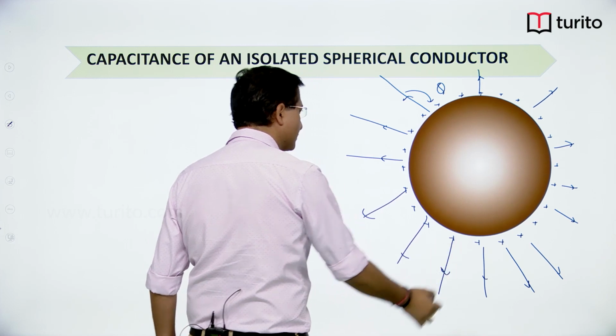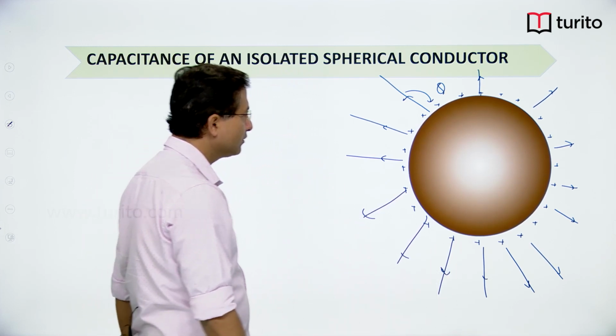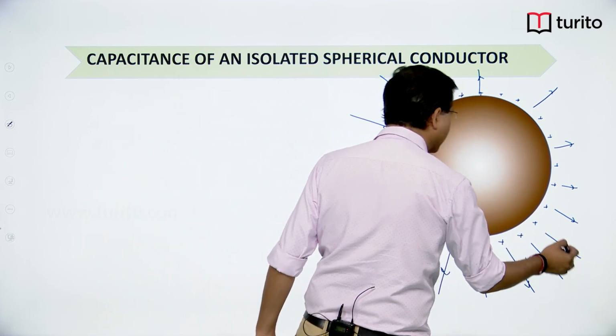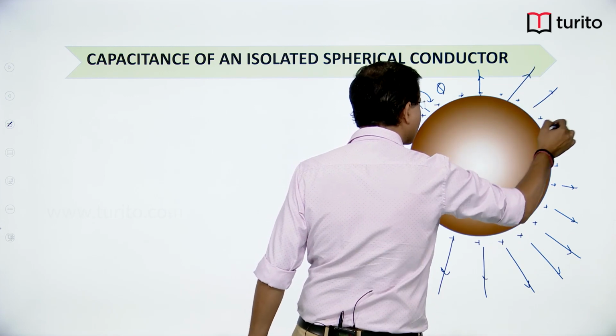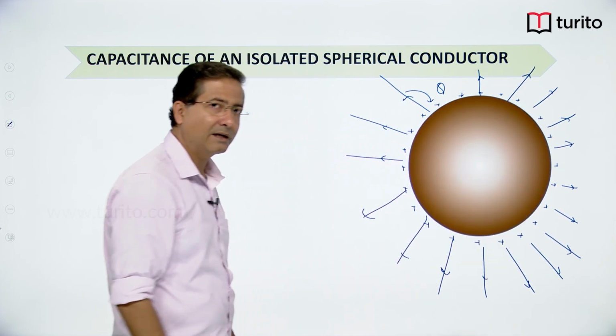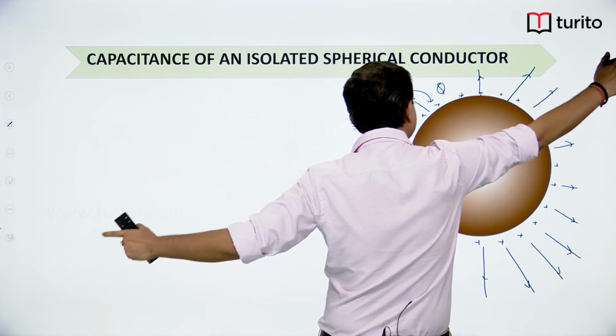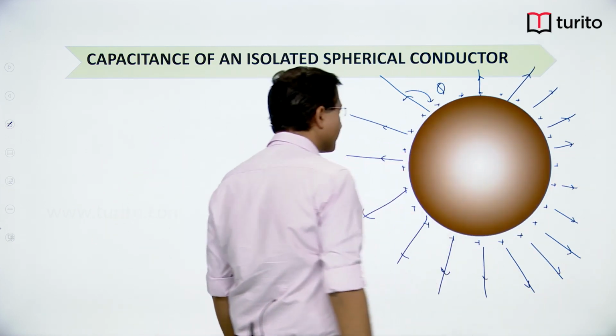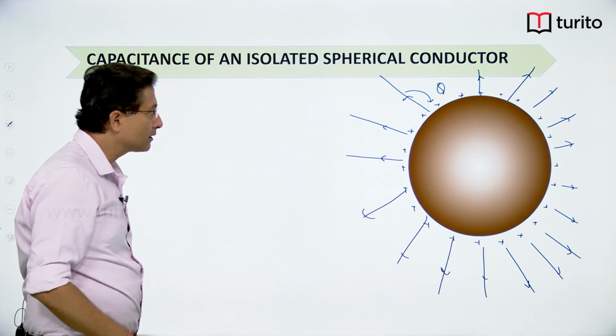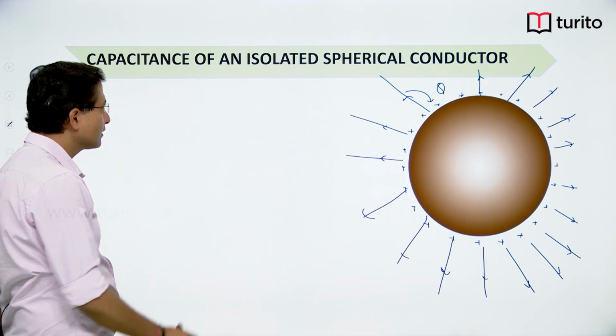As field pattern is something like this, you can say that lines are going till infinity. If lines are going till infinity, I can assume that this is first conductor and the second is placed at infinity, right.